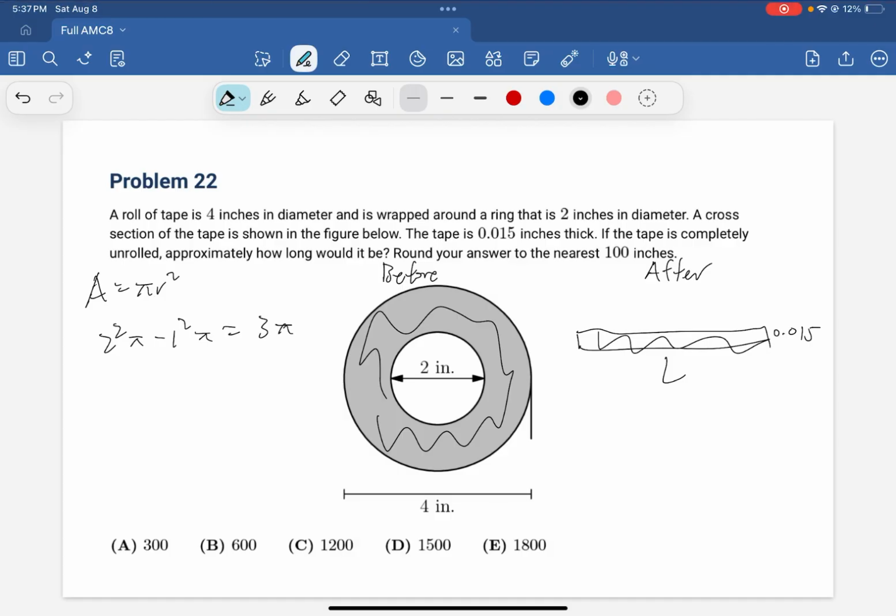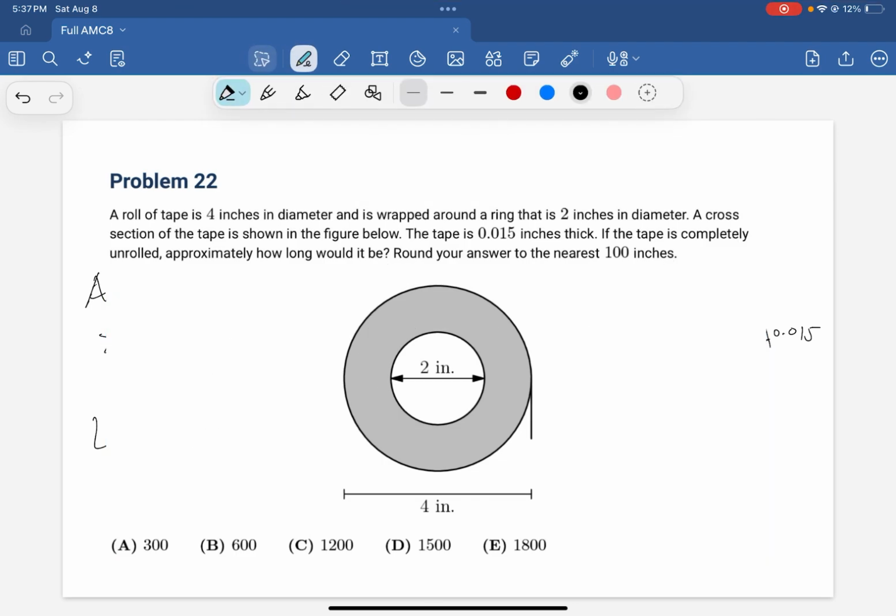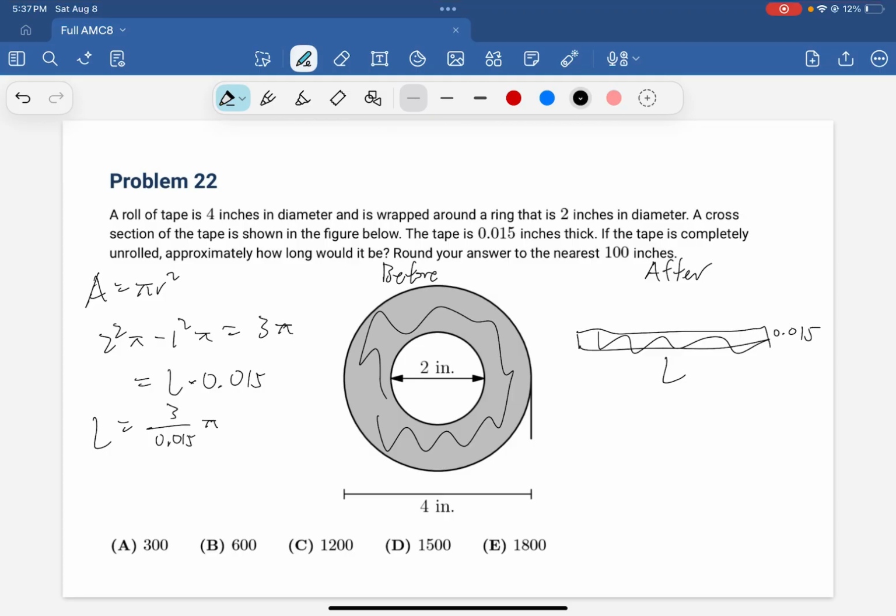This has the same area as this rectangle, which has area L times 0.015. So L is going to be equal to 3 pi over 0.015. So we divide the top and bottom by 3.